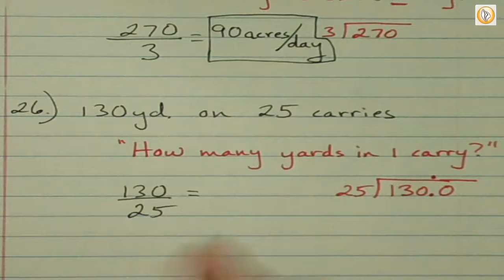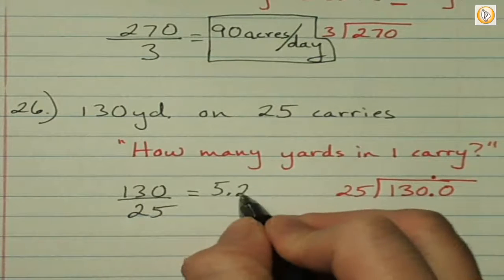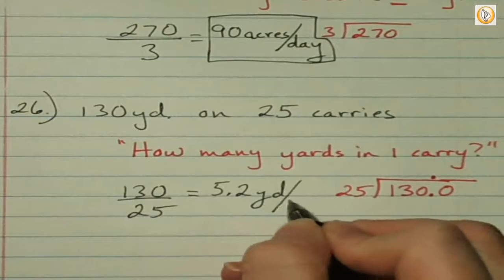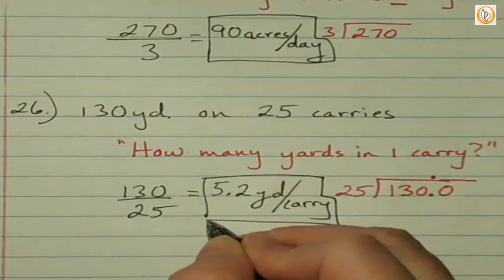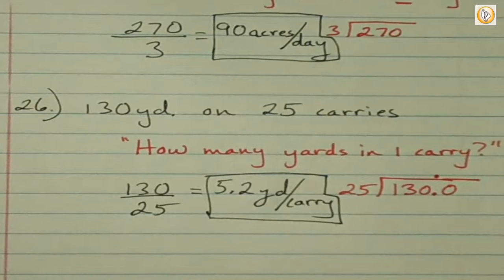So it would be 5.2. 5.2 yards per carry. That's why I always like unit rates because all you're doing is dividing. It's also fun.